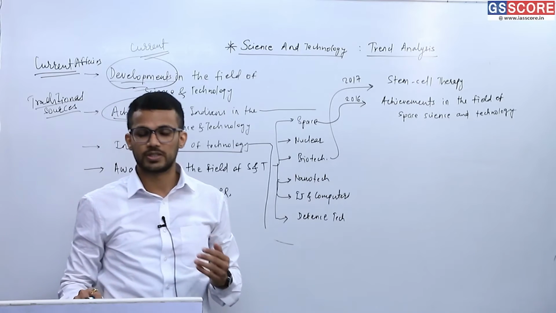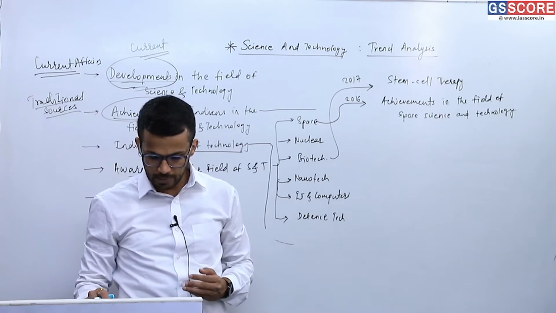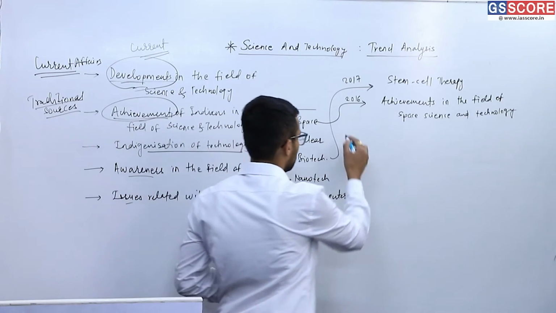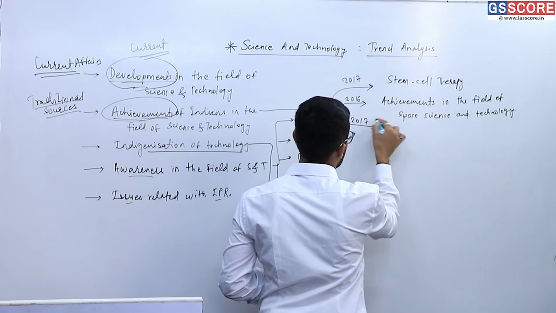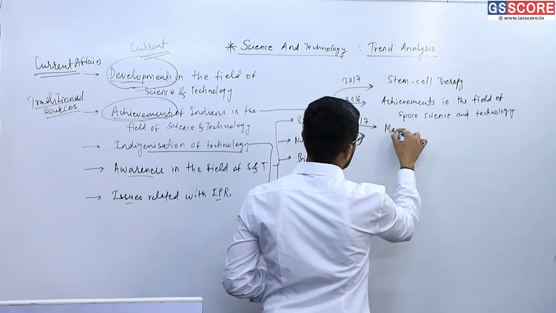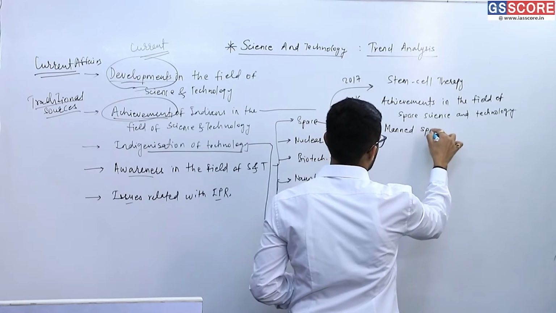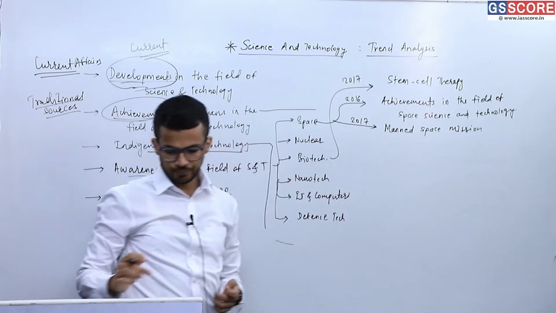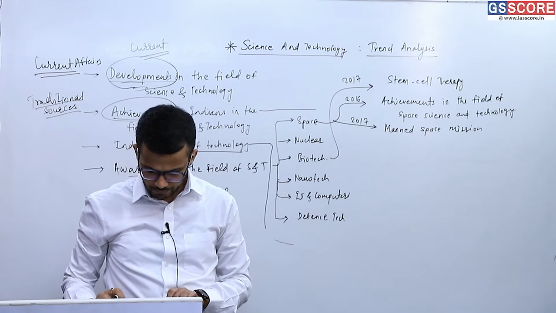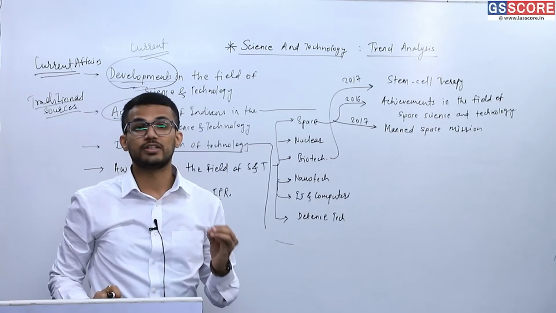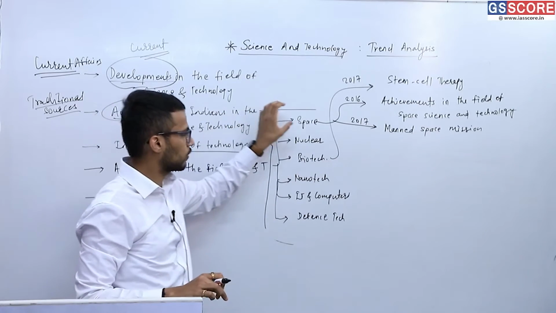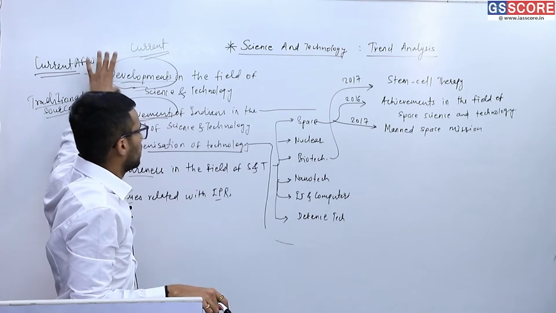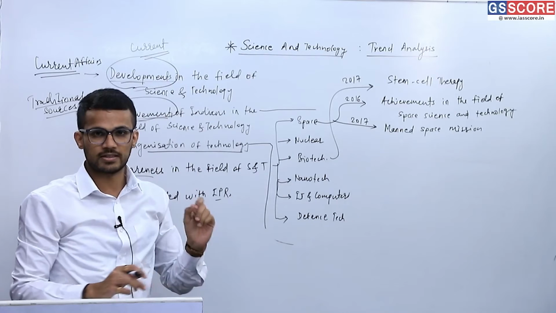What are the main obstacles to launching a manned mission, both in terms of technology and logistics? So again, a question from 2017's examination on manned space mission. Then the next question was on India's plan to have its own space station. Again, a question from space, but that was a bit of a current question, and that's why we have covered it under developments in the field of science and technology.